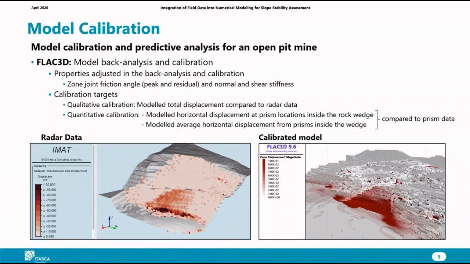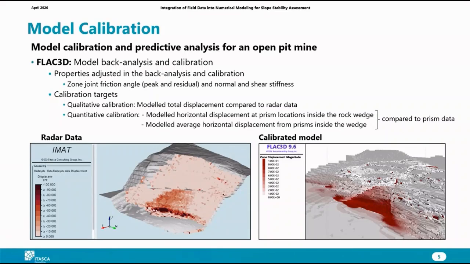And for model calibration, we use two different approaches, qualitative and quantitative approaches. From a qualitative perspective, we compared the overall displacement pattern from the model with the radar data. So we were looking at whether the model captures the same wedge movement and general deformation trends.